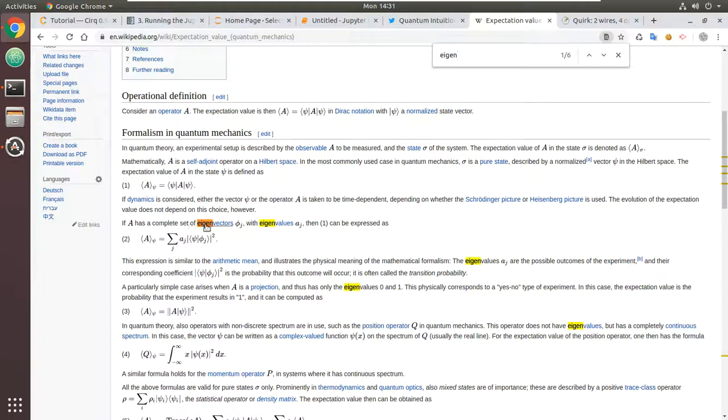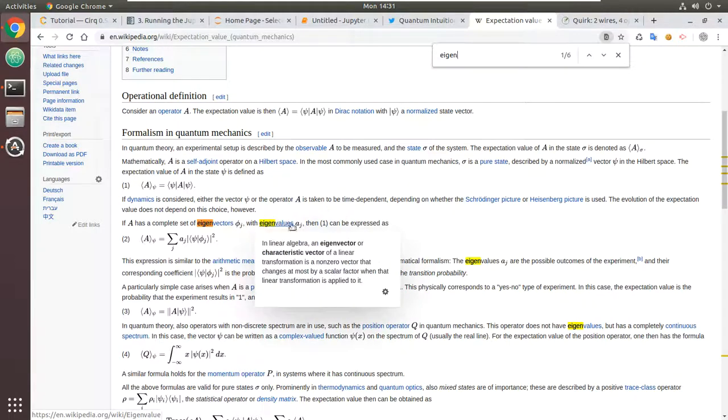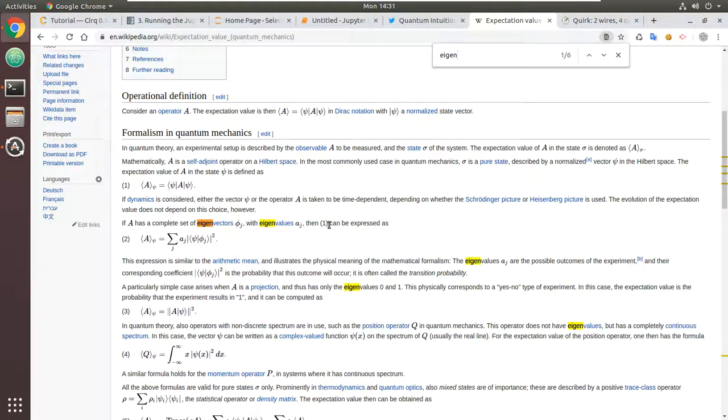If A has a complete set of eigenvectors with eigenvalues A sub j, then one can be expressed as, so basically it's the sum of all the eigenvalues times the eigenvectors. Okay.